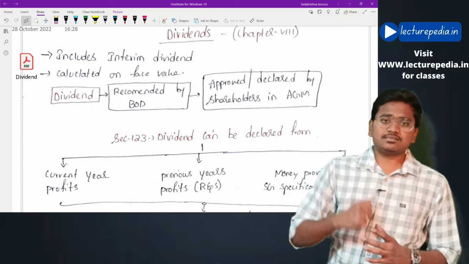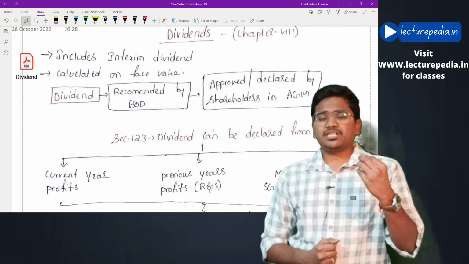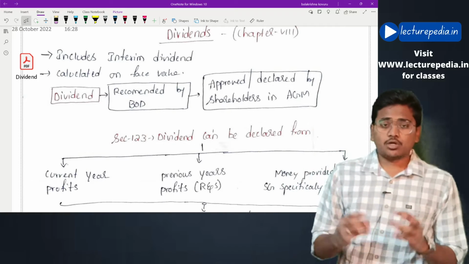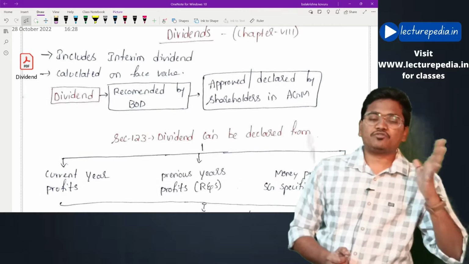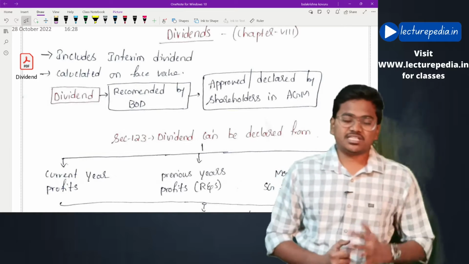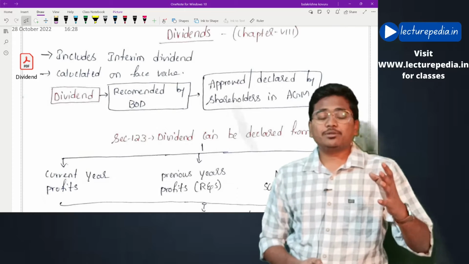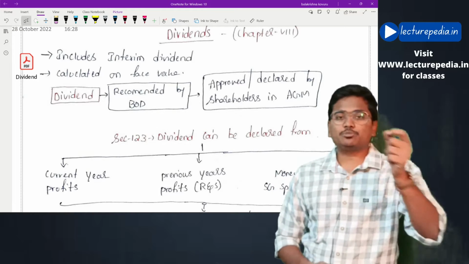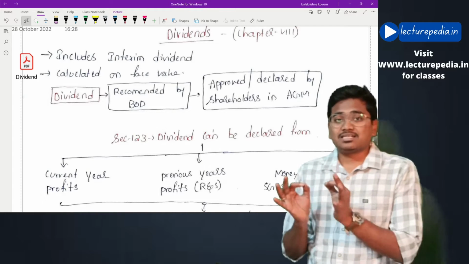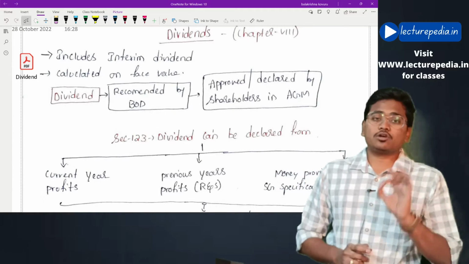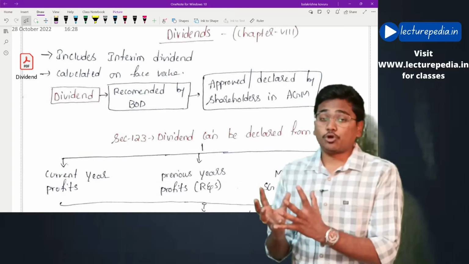Let's say Reliance says that we are declaring a dividend of 10%. Now 10% on what? 10% on face value of the share. If the face value of the share is 10 rupees, then the dividend will be 1 rupee, 10 rupees multiplied by 10%. So here you have to remember that this dividend percentage is calculated on face value, not on the profit amount.